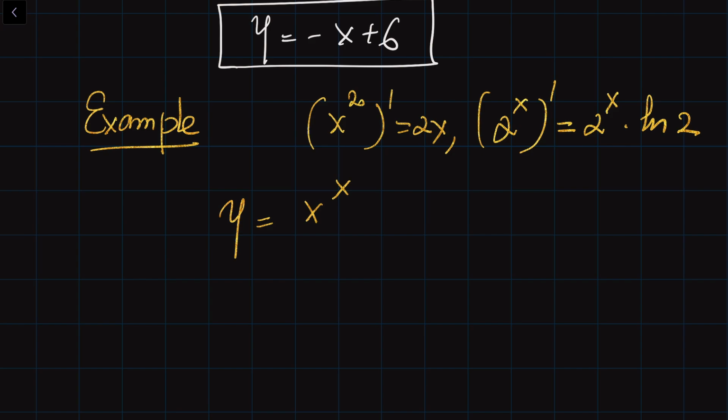What do you mean? Should I use x to the power of x as the power function, or should I use x to the power of x as the exponential function? Which do I need to use? Who thinks that I need to use this as an exponential function? Who thinks that I need to use this as a power function? Oh, come on. It is neither a power nor an exponential function. Yes?